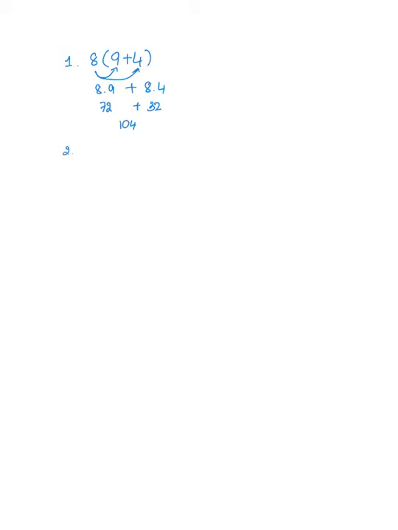Number 2. Type your answer in space. So we have P minus 5 times 6. So we're gonna do distributive property, outside to the inside, outside to the inside.